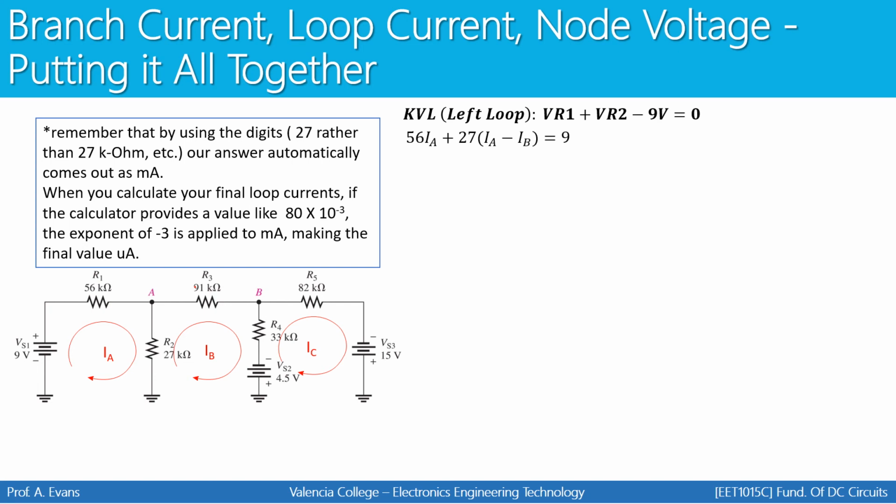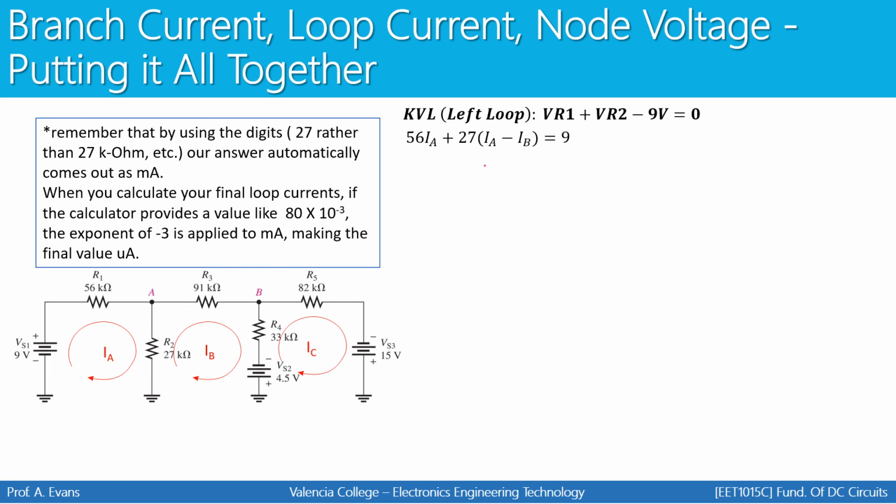You're starting with everything in kilo ohms, which means by default, everything is going to come out automatically as milliamps. So if you have an exponent like this in your answer, you have to apply that to a unit of milliamps. So that's an important point I want to make because that's going to be important later in our problem.